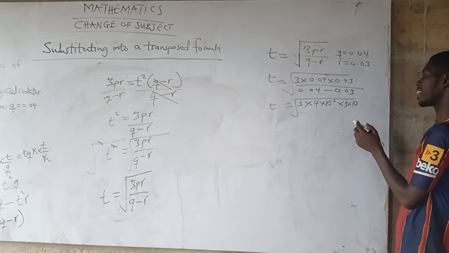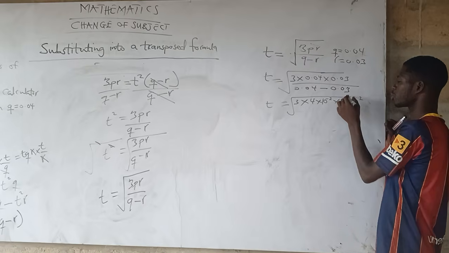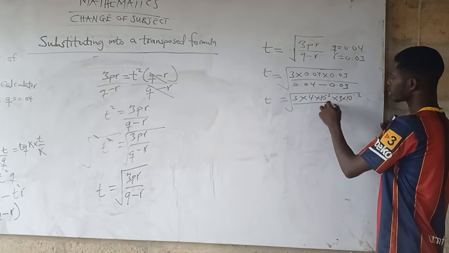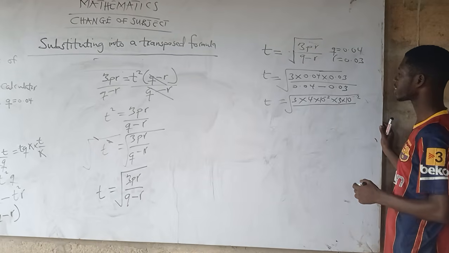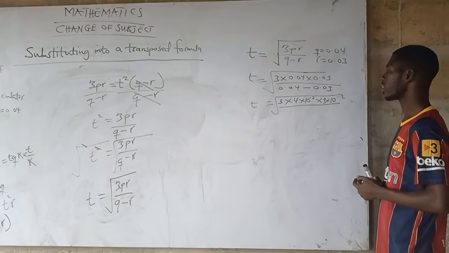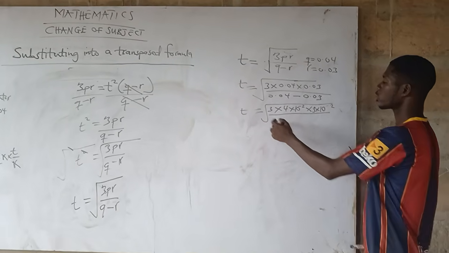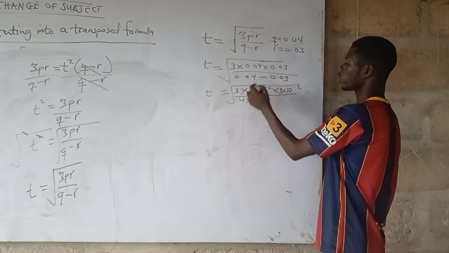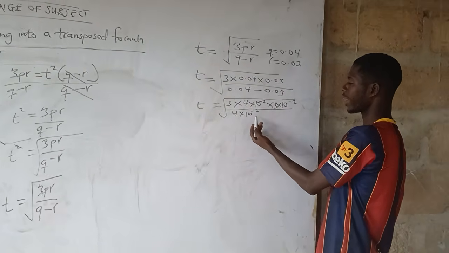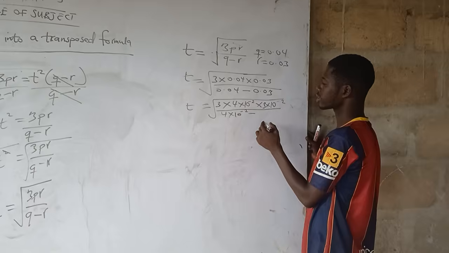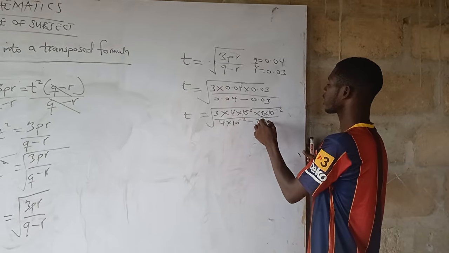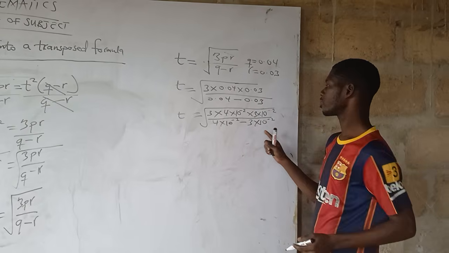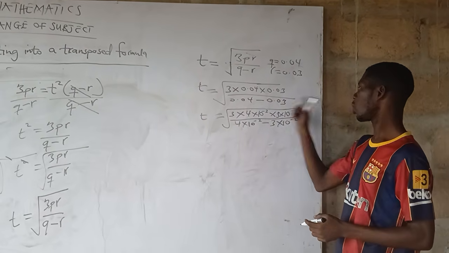So 4 becomes 4 times 10 to the power negative 2, and 3 becomes 3 times 10 to the power negative 2. So in the numerator, we have 3 times 4 times 10 to the power negative 2 times 3 times 10 to the power negative 2. In the denominator, 4 times 10 to the power negative 2 minus 3 times 10 to the power negative 2.